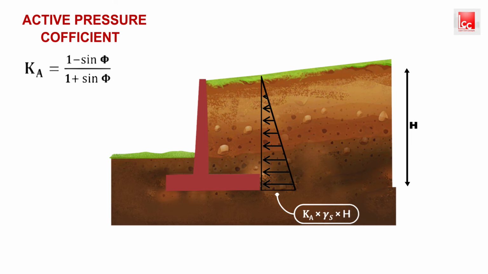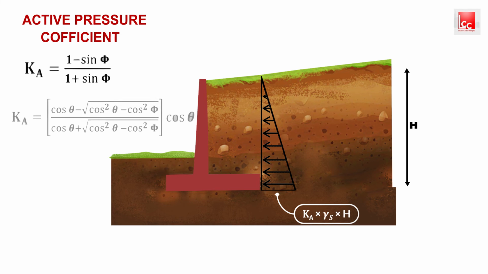Here the angle phi is the angle of shearing resistance or the angle of repose for the soil. When the backfill is sloped, the expression changes to this, where the additional angle theta is the angle of inclination of the backfill. For a granular soil such as sand, phi is 30 degrees, which makes Ka as 1 by 3.